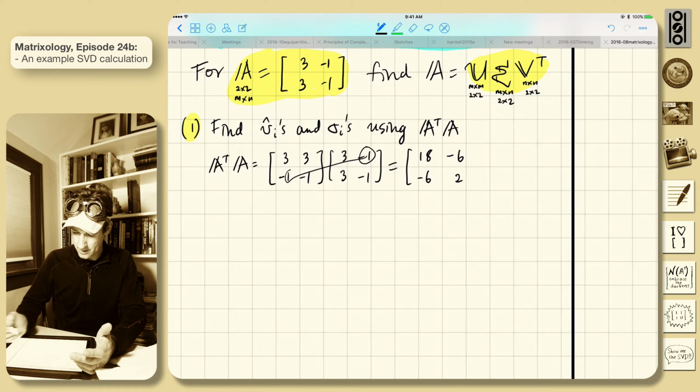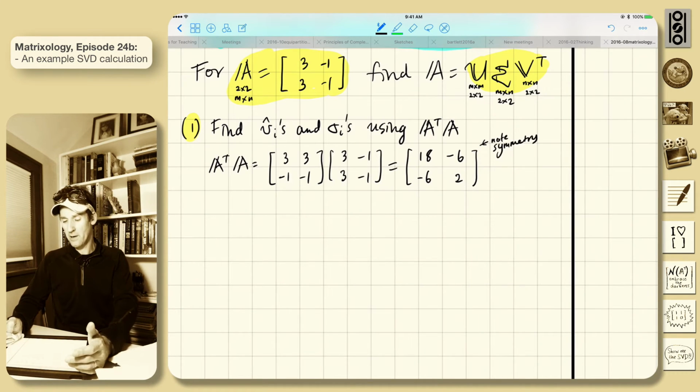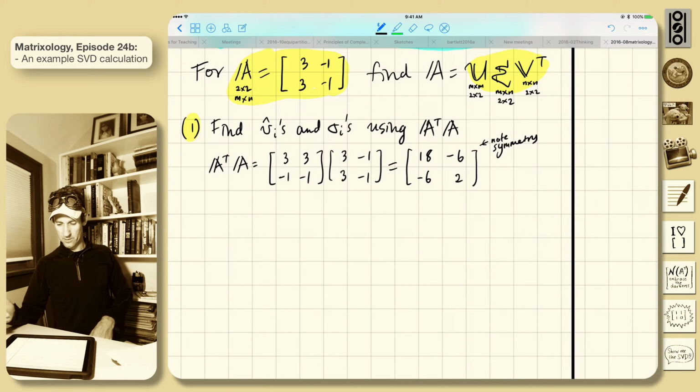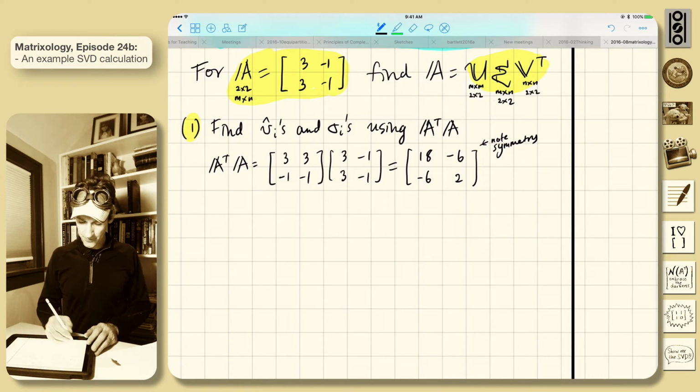That's a plus 1, another plus 1, add them together. Just the basic matrix multiplication. Note the symmetry. If you're computing an A transpose A or an A A transpose, you must get a symmetric matrix. So the game now is to find the eigenvalues and eigenvectors of this blob.